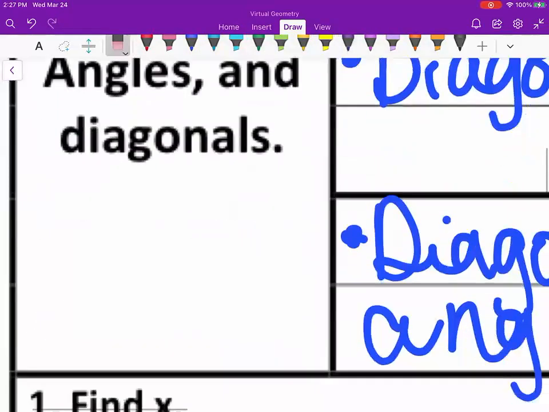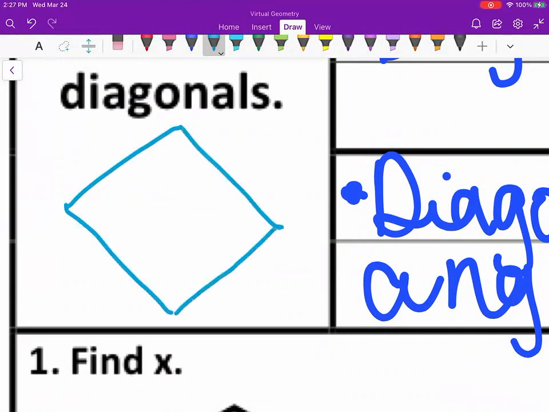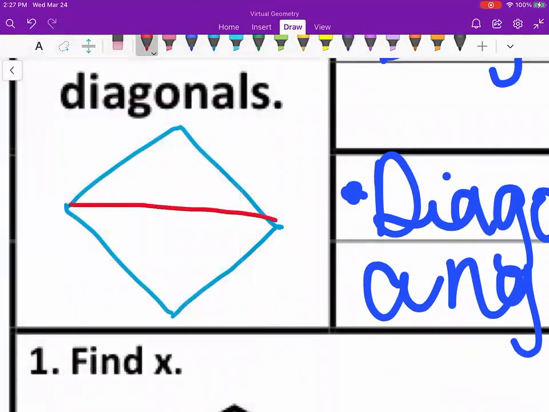Now, looking at those diagonals, okay, it says that your diagonals are perpendicular. So these 2 diagonals will make a 90-degree angle where they intersect. Now, also because of the fact that it's a parallelogram, those diagonals will be bisecting each other, but it is not a rectangle, so those lengths are not equal.